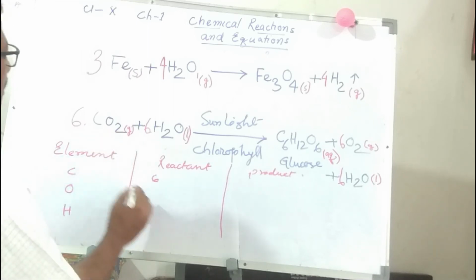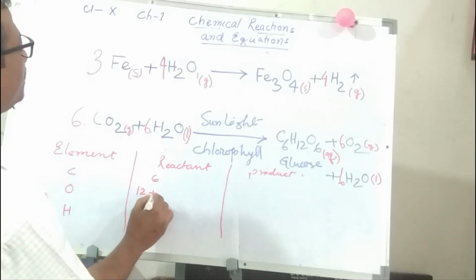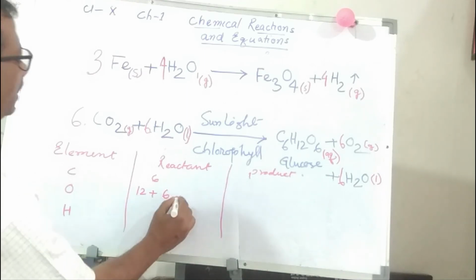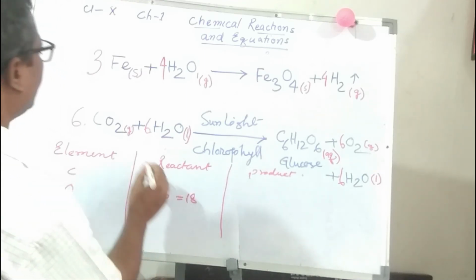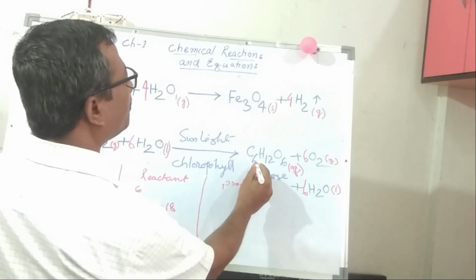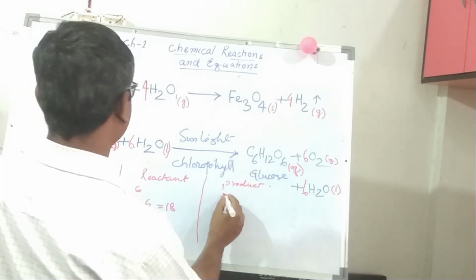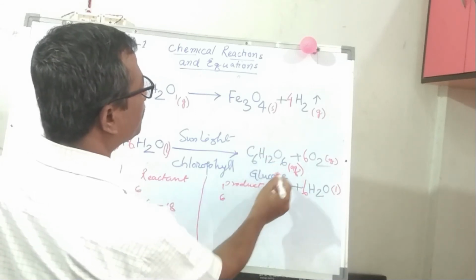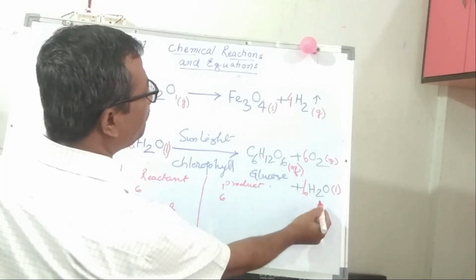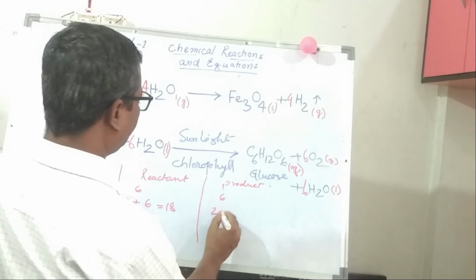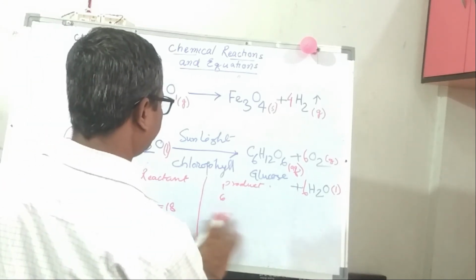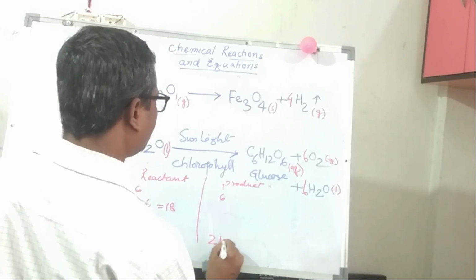Oxygen, 6 times 2 is 12 plus 6, so 18. Hydrogen, here in the product, carbon 6. Hydrogen 6 times 2 is 12, 12 plus 12, 24. This is dissimilar. Hydrogen 24.